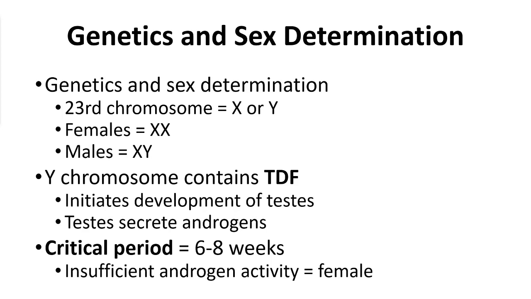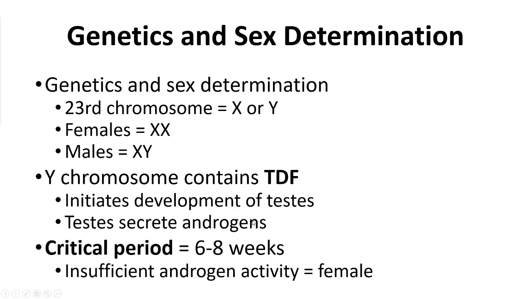That's because this Y chromosome contains something called TDF, which is testis determining factor. It's basically a gene that's going to initiate the development of the testes. And testes secrete androgens, so they're going to be secreting and releasing hormones that trigger the development of male characteristics.